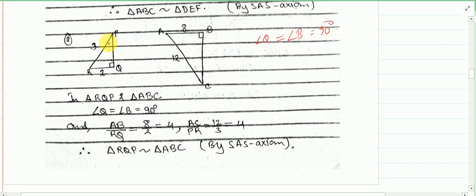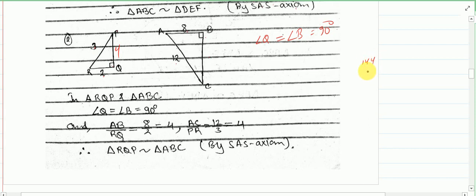And here, corresponding sides: this is 2 and this is 3, so you can easily find what this side would be. Yes, this will be how much? 4. And here this is 12 and this is 8. So using Pythagoras theorem you can easily find what this would be.